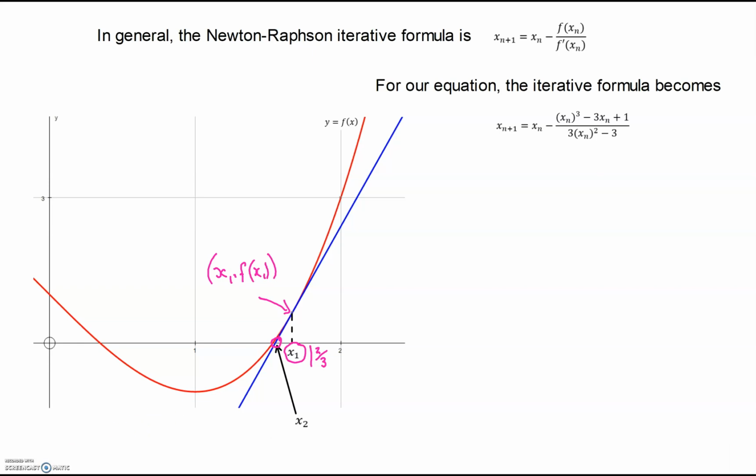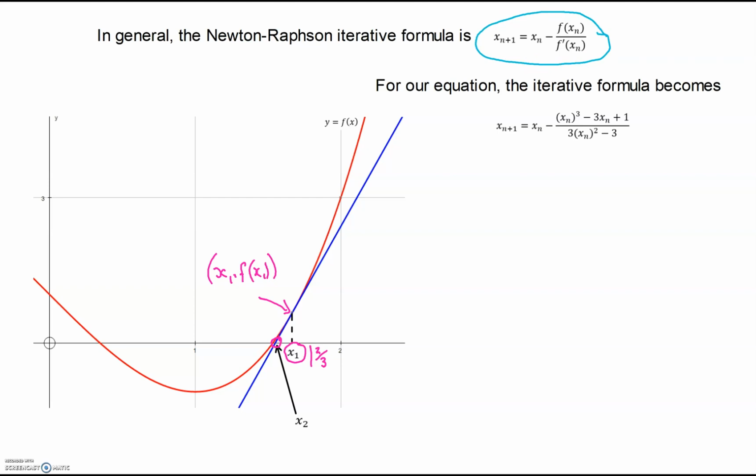So to generate the value of x2, we are going to use the iterative formula. At the top, I've given the general iterative formula. This is what we generated on the previous page, except we generated x1 from x0, and we're going to use the same successive formula. So xn plus 1 is generated from xn.